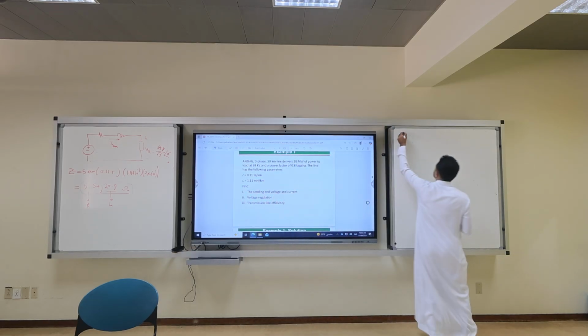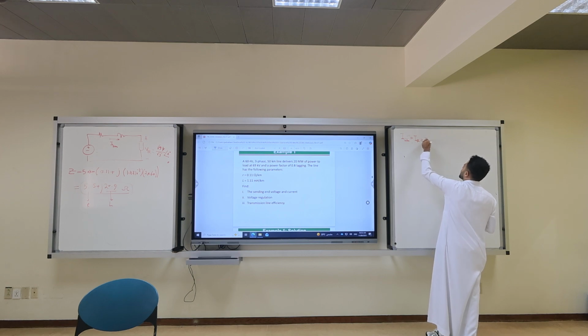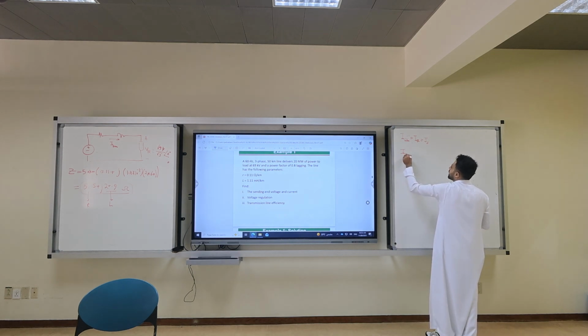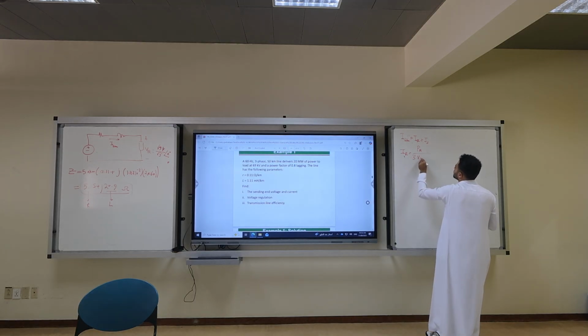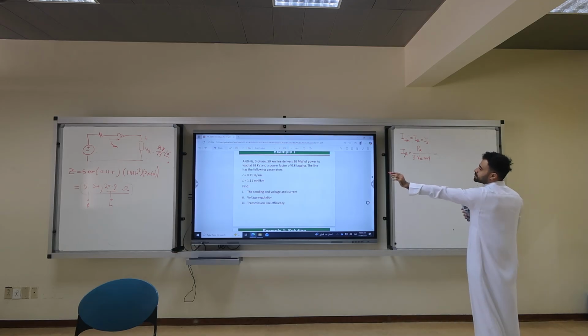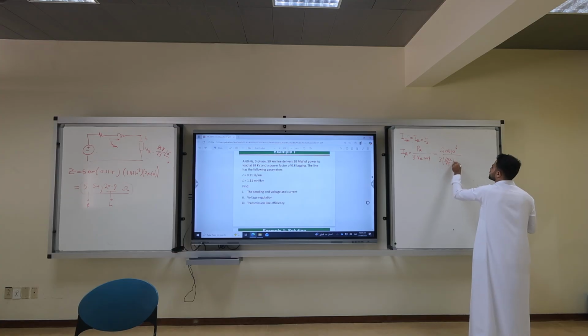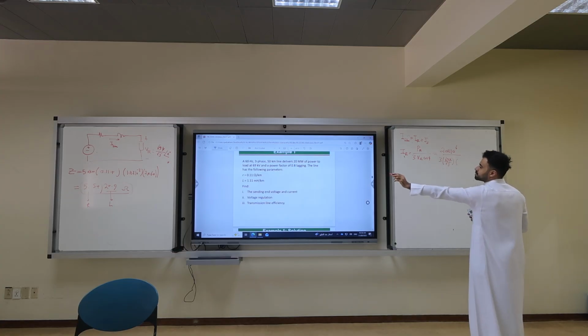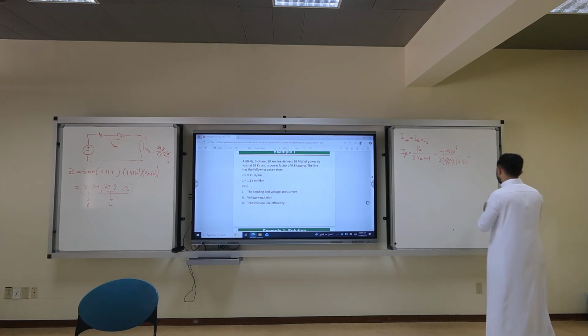I line equals IR equals IS. What is IR? It is PR over 3 VR cosine theta, which is 20 mega, 10 to the power 6, over 3 times 69k divided by square root of 3 times the power factor, which is 0.8 lagging. Lagging, we'll identify the angle later.